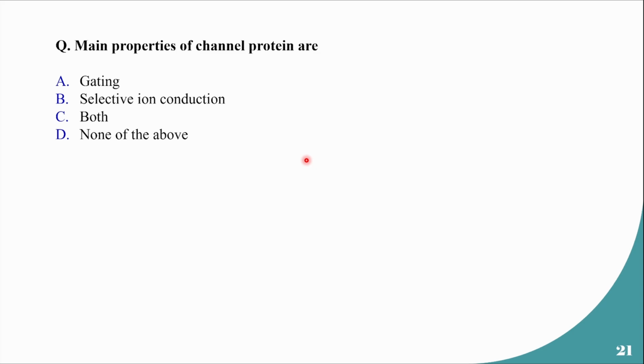For a protein to function properly as a channel protein, what characteristics does it require? Firstly gating, then selective ion conduction, both, or none of the above. You can try to answer in the chat. Then we'll look at it.